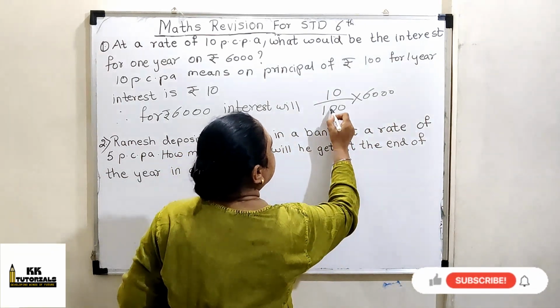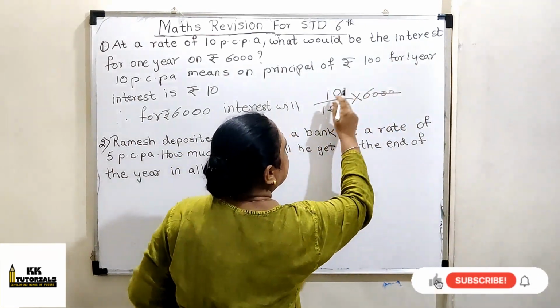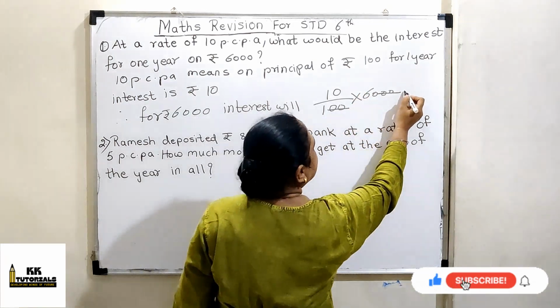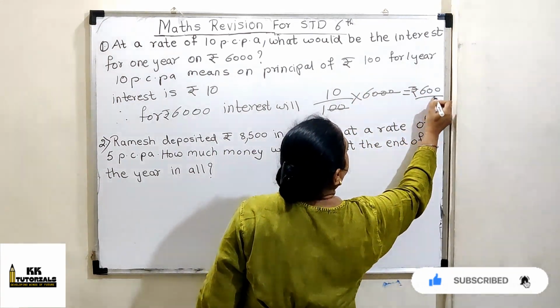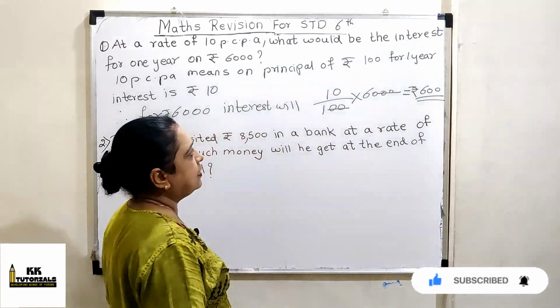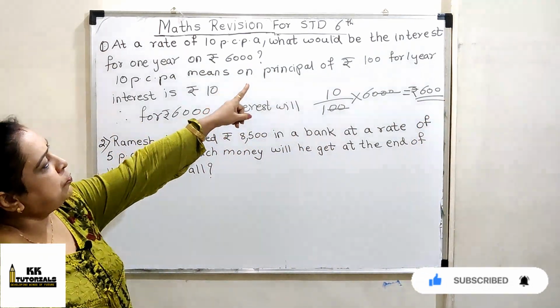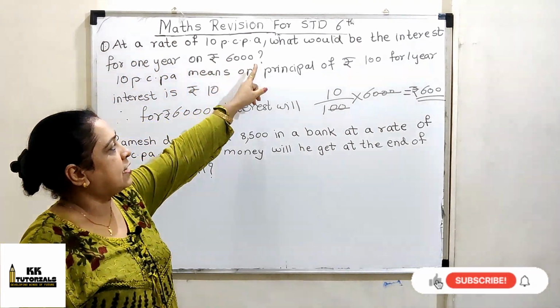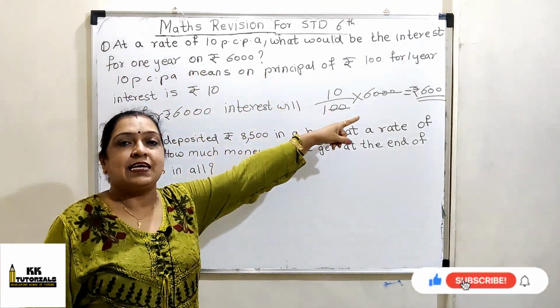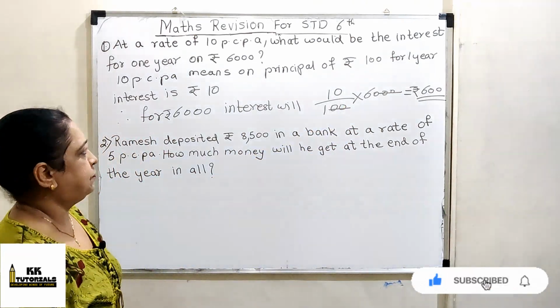Okay? These two zeros will get cut with this zero. 10 multiplied by 60 is rupees 600. Understood? They have asked what would be the interest for 1 year on rupees 6,000. So, it will be 600 rupees.